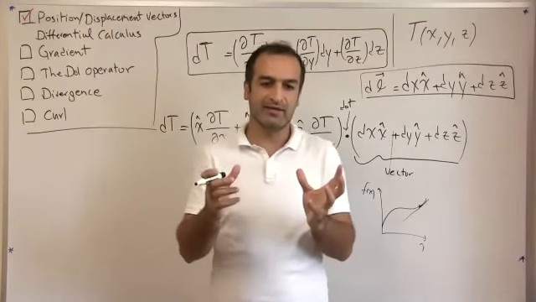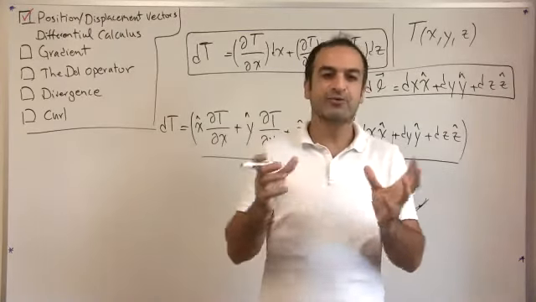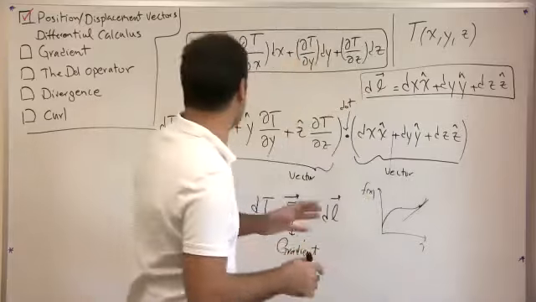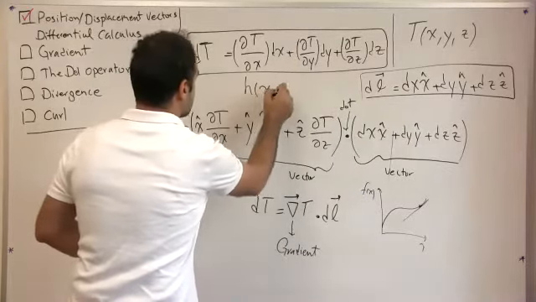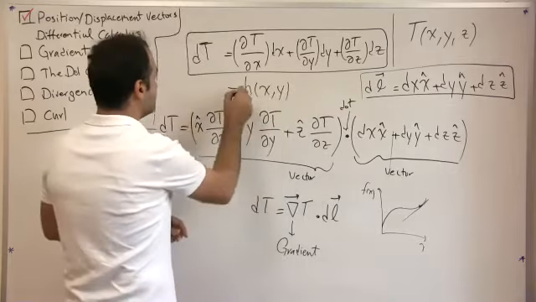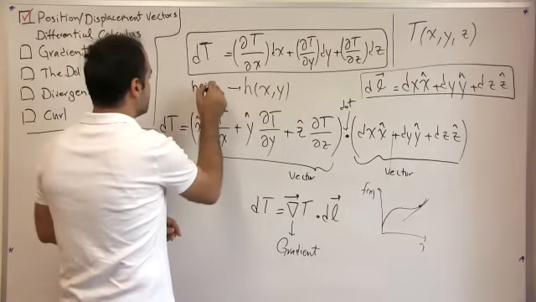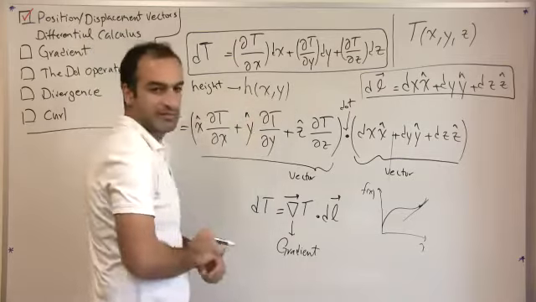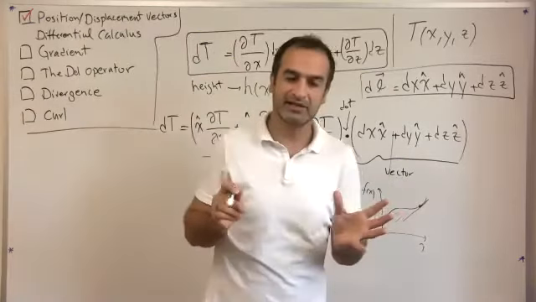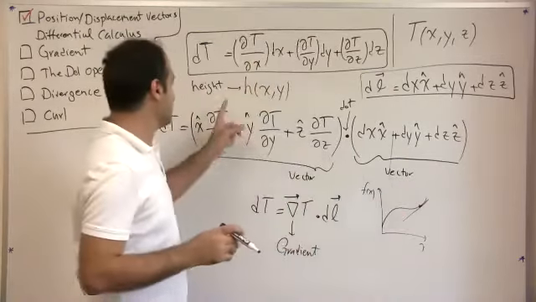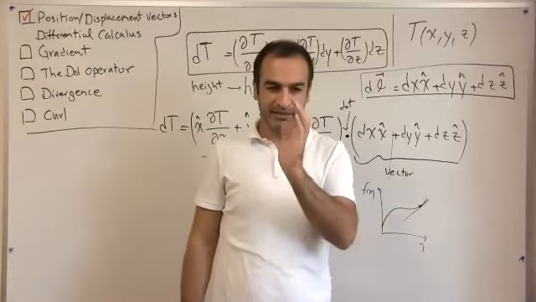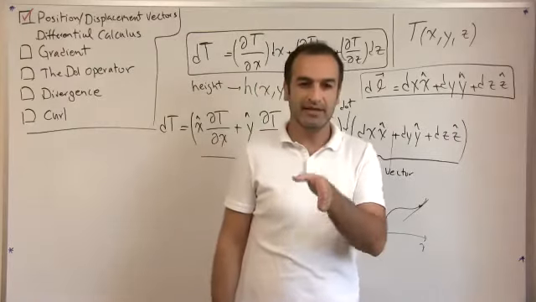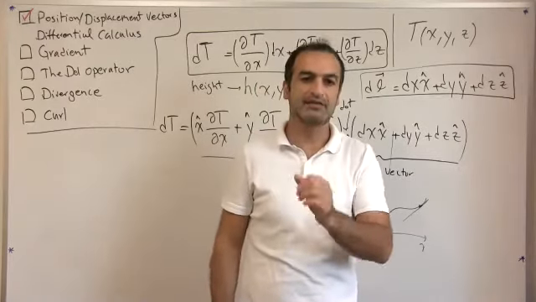So a hill is technically a two-dimensional function. For any hill, you can write it in terms of h of x and y, where h is the height and x, y is the position. So the gradient of h, the gradient of the hill, is a vector in the direction in which you will feel the highest slope, the highest change.